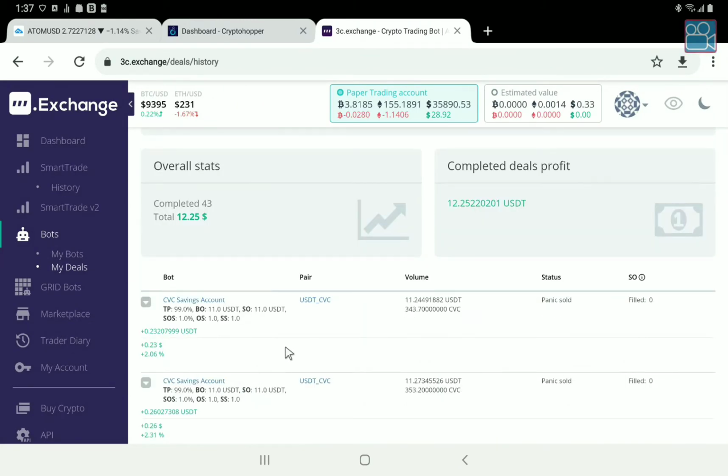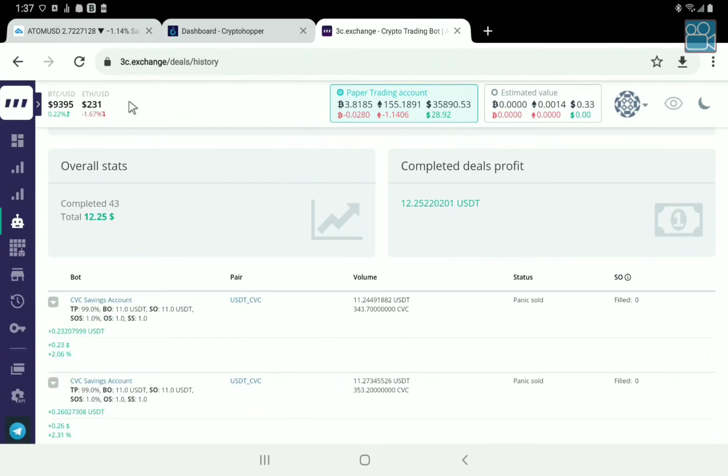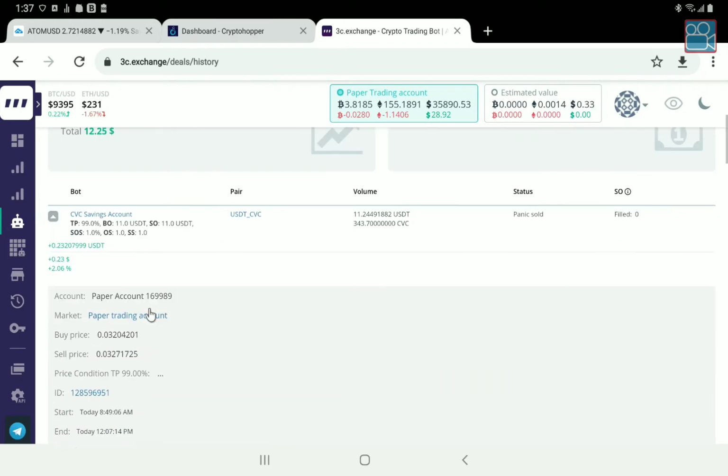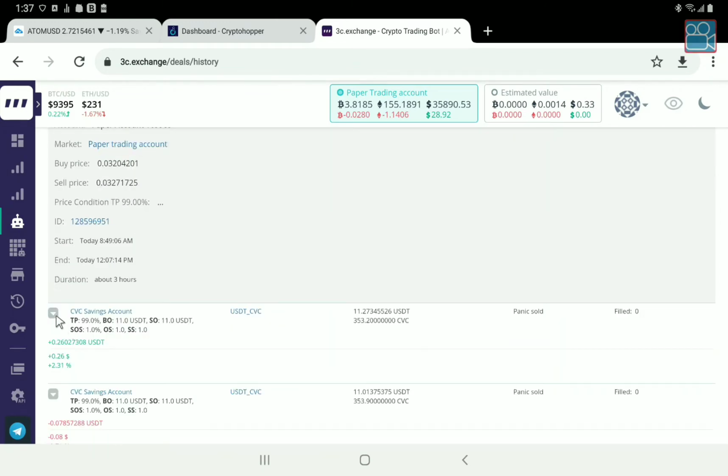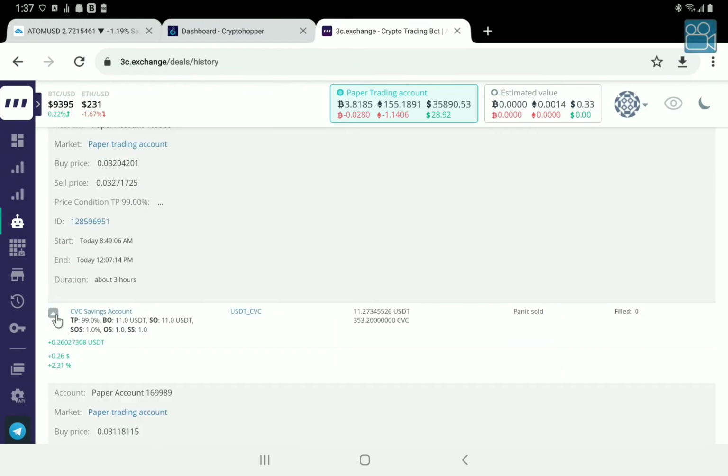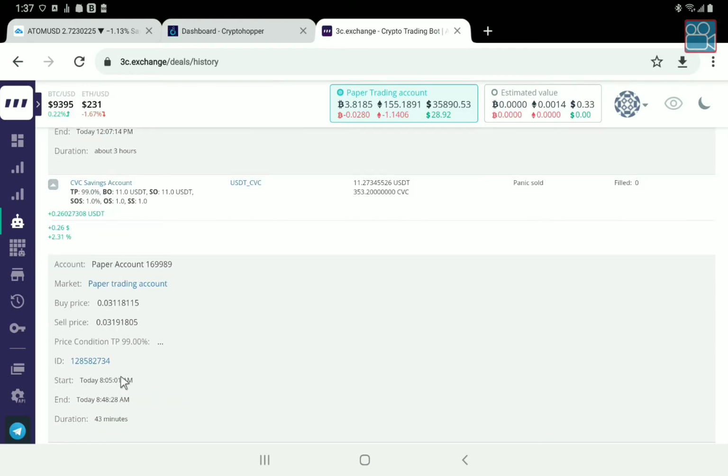But the thing that we need to pay attention to, and I'm going to bring up a few, is the ending time. Crypto Hopper supports the auto merge. 3 Commas doesn't. So I've had ending times as much as 3 minutes difference between the 2 coins. That is important when you need to sell everything at once.